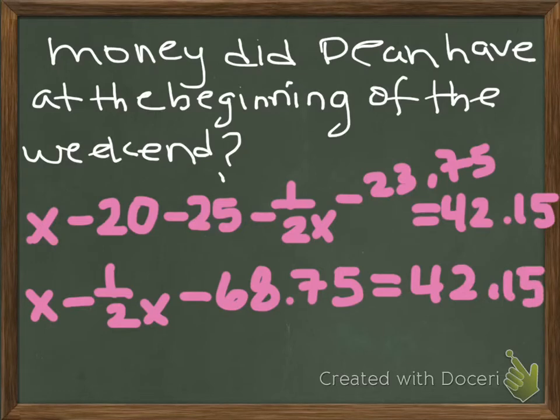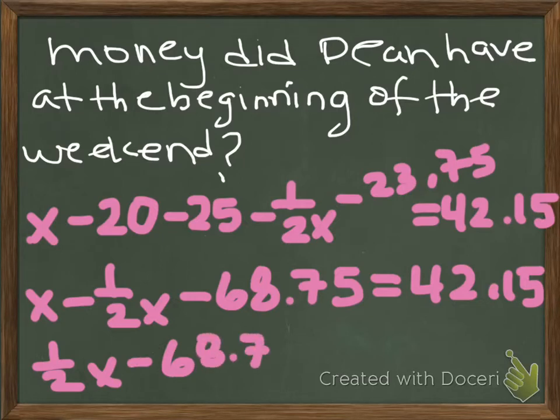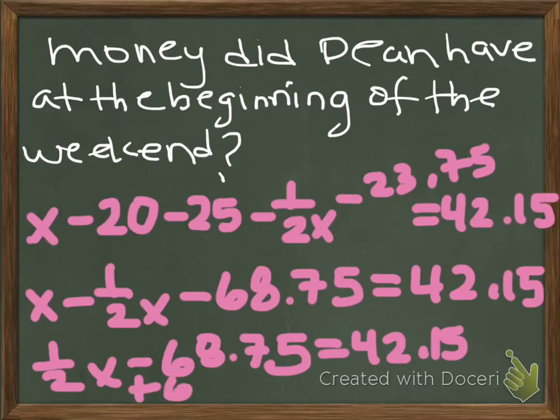Then we need to combine the like variables, so x minus 1/2 x is going to be 1/2 x. And now we need to solve for x, so we need to add the $68.75 to cancel that out.